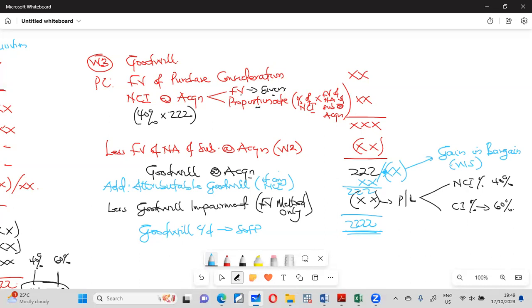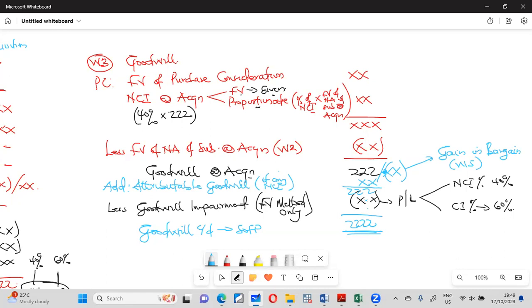Take note of that. Now, what about goodwill impairment? I said that is from the full value method only, or fair value method only. If it is from that, then it means that you are going to share it.